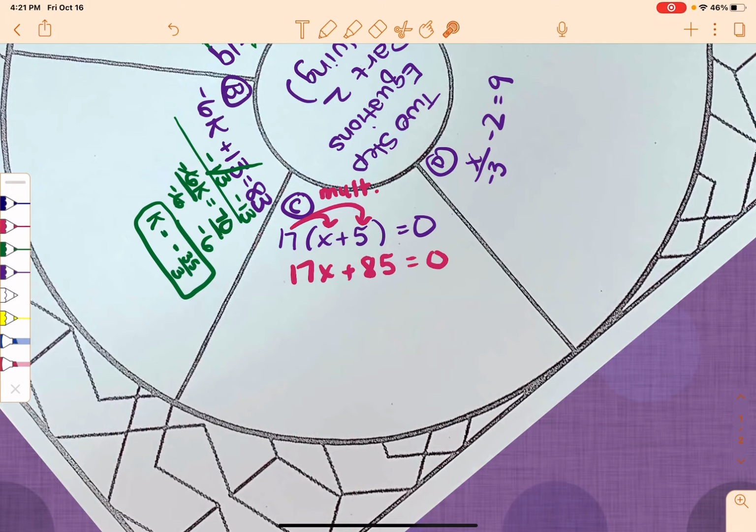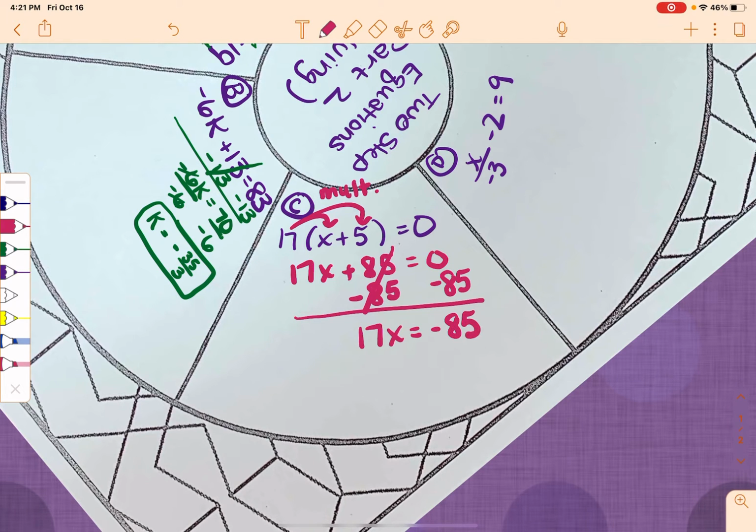So now I'm going to work to get x by itself. So I'm going to get rid of this first. So the opposite of adding 85 is subtracting 85. So these cancel to 0. I'll be left with 17x. 0 minus 85 would be negative 85.